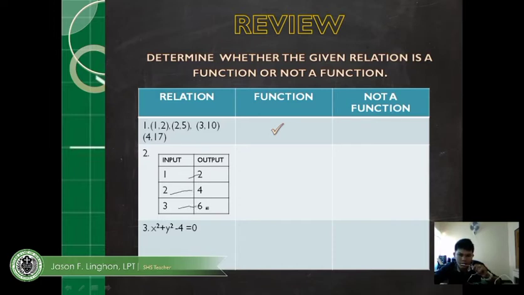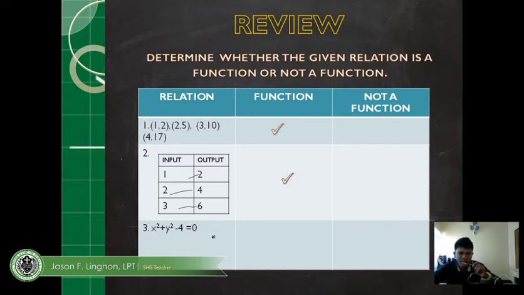Notice that there is only one partner in the output for each input, so this is a function. If there are two or more partners in the output for an input, then that is not a function. Since here they only have one partner.